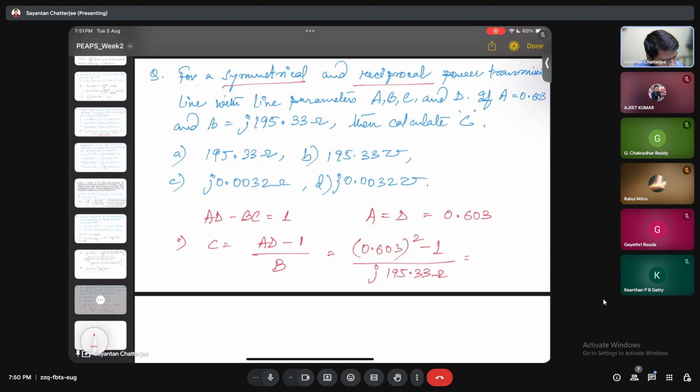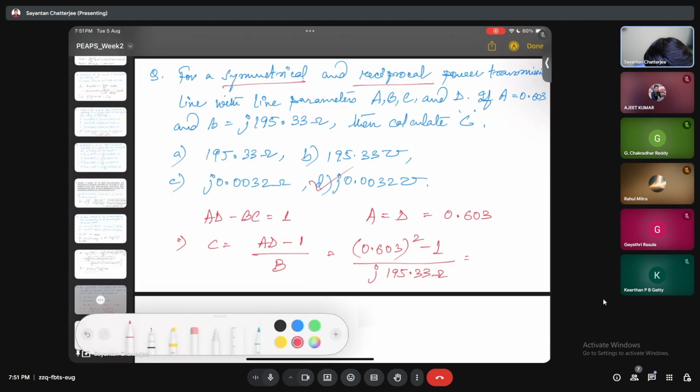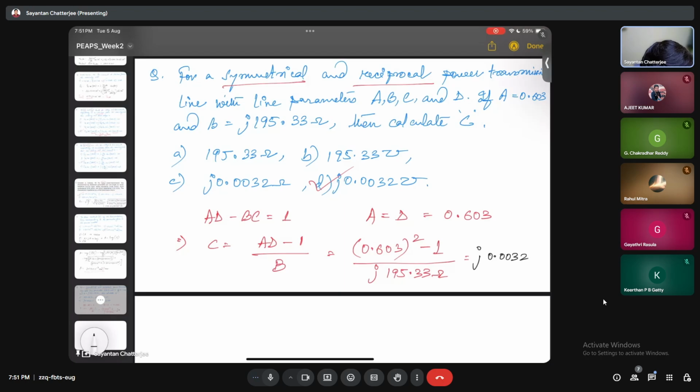So the answer will be, option D is the correct answer. So the answer will be j 0.0032. I hope it's clear.